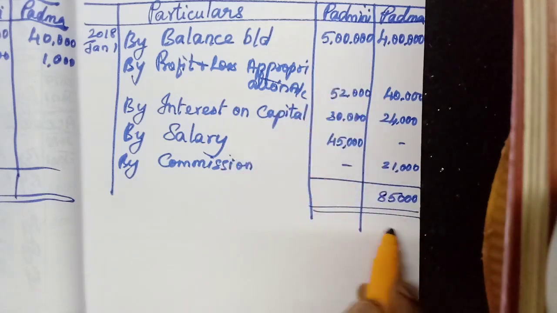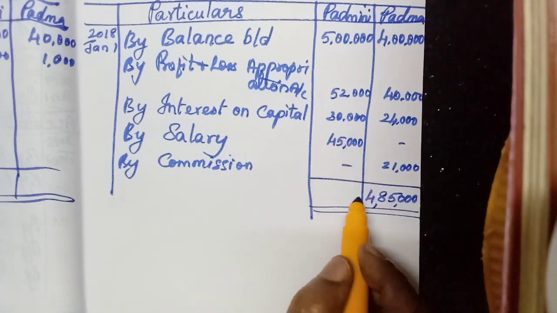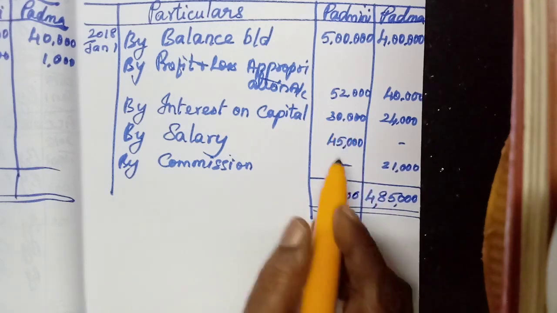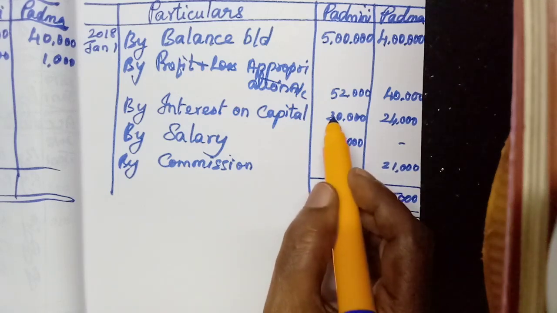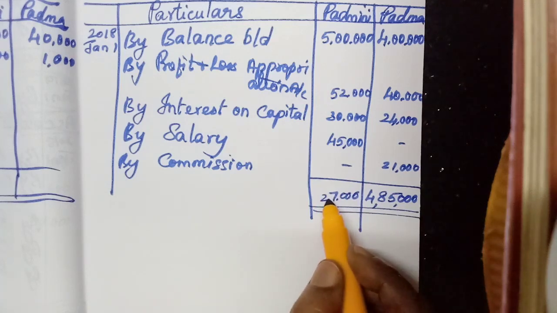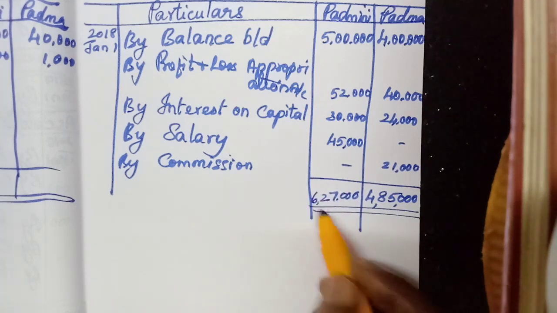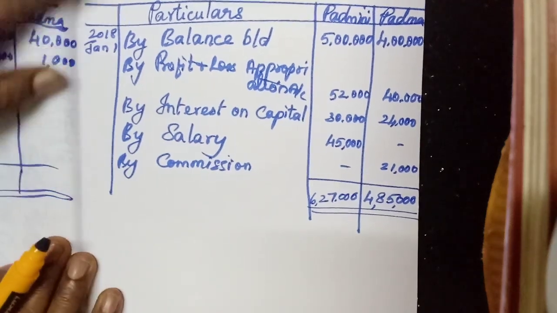Then sixth one 4. 4,85,000. Here 0, 0, 0. 5 plus 2 is 7. Here 7 plus 5 is 12. Balance 1, 6. 6,27,000.